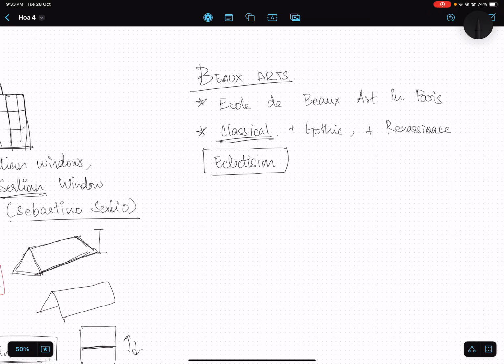So eclecticism is the design philosophy that combines elements from different historical periods into a single building.